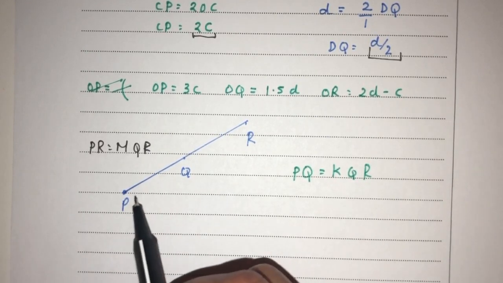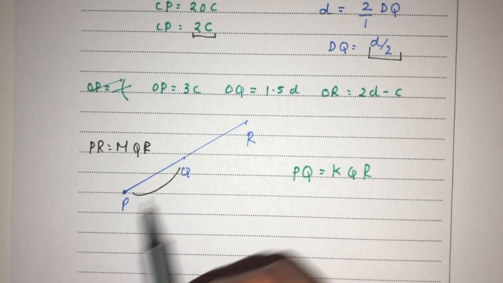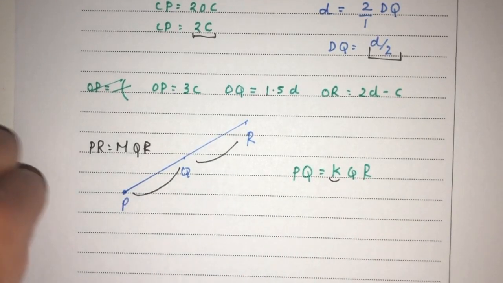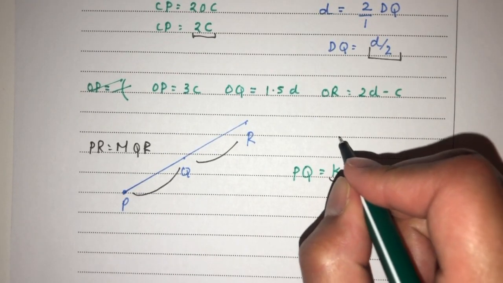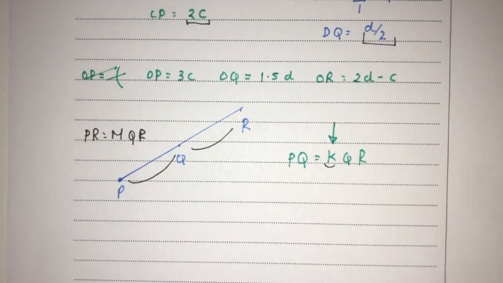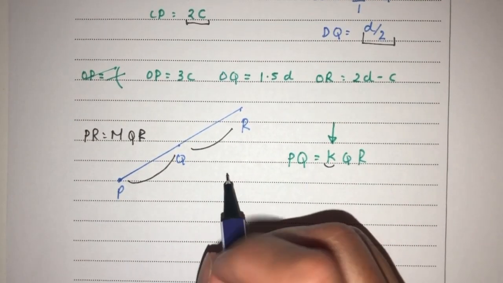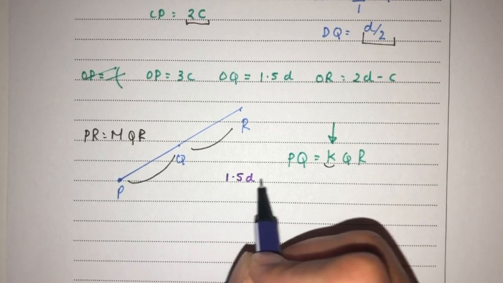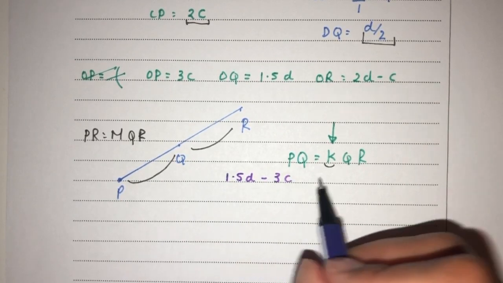So the main idea I took is I took this line. I want to say it is equal to a constant multiplied by this line. That is one way of doing that. There are many other ways, but the main idea is you have to find a constant between those two lengths. Okay, so PQ is what? It is OQ minus OP. So OQ is 1.5D minus 3C.